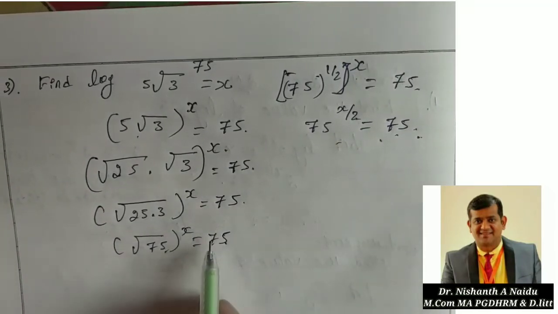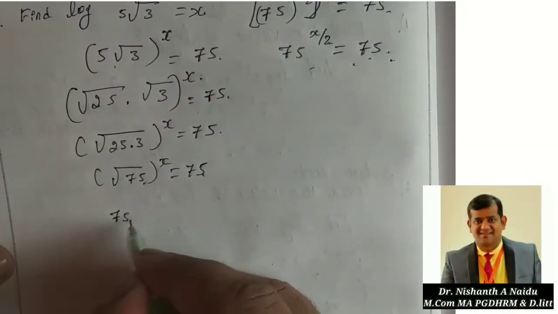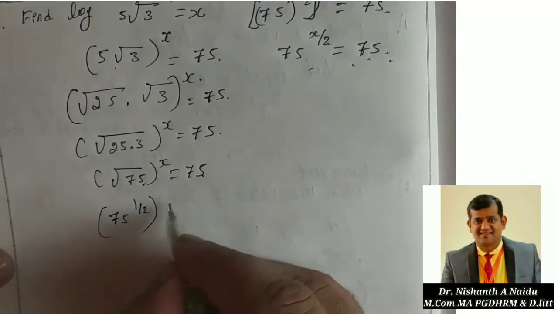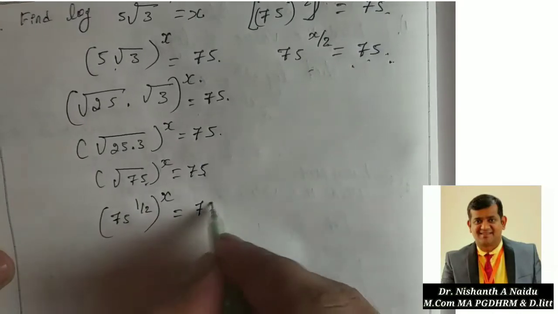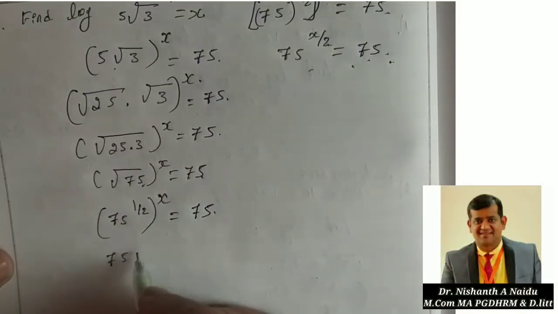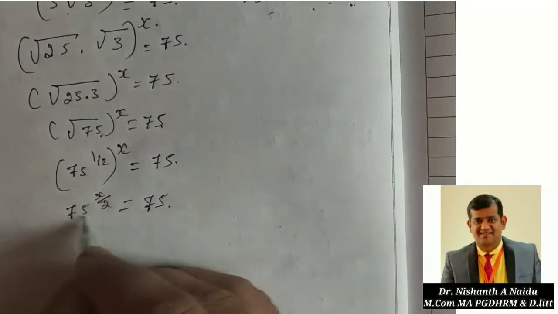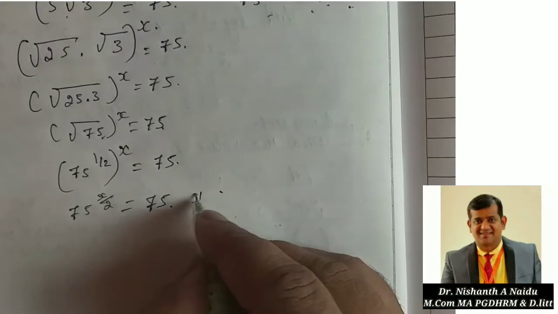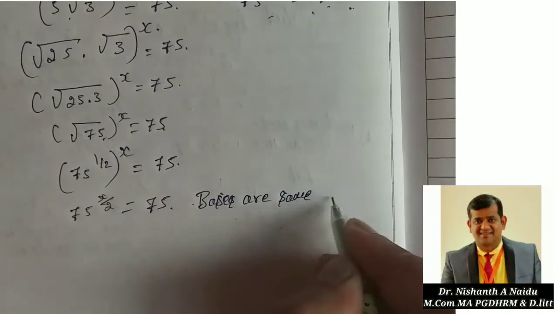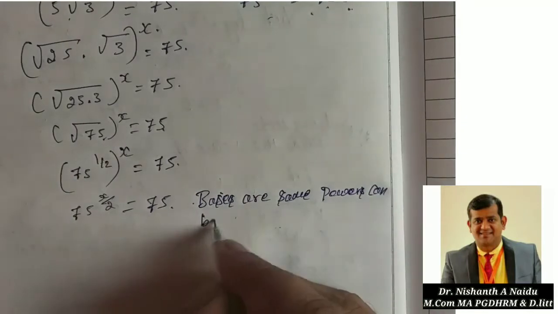So now applying this step over here, that means 75 to the power 1 divided by 2, because I am removing the root, whole power x equals 75. So 75 x 1s are x divided by 2 equals 75. So now the bases are same, so powers can be equated.